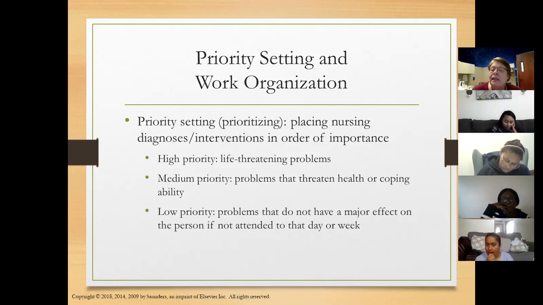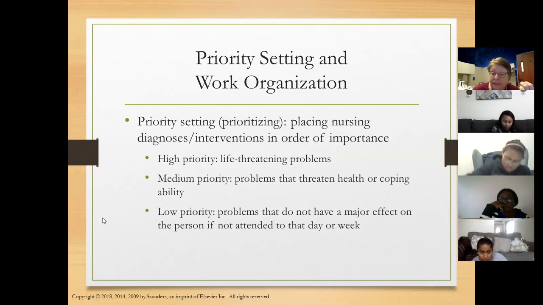Then we go into our medium priority problems, things that threaten their health or their coping ability, things like anxiety, their psychosocial issues, those kind of things. And then our lowest priority is going to be things that don't have a major effect on the person if we don't take care of it today.